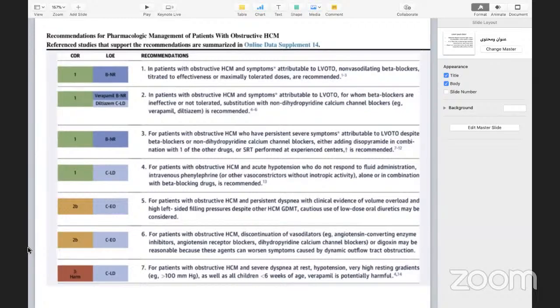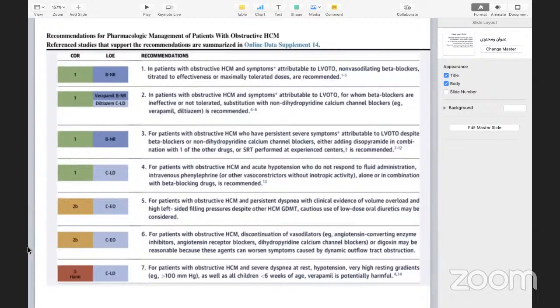It's recommended. And then if they didn't tolerate those, or symptoms are still persistent and they have severe symptoms from the obstruction, then you start them on disopyramide, which is a sodium channel blocker type 1 antiarrhythmic drug.